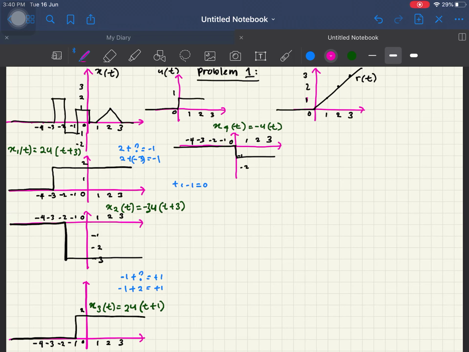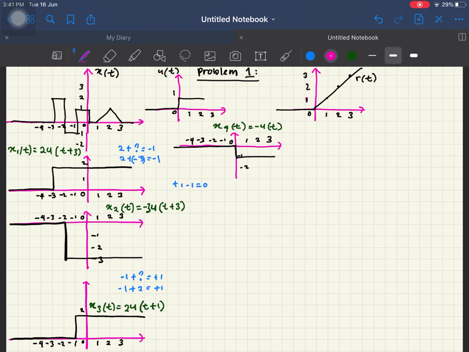Okay, now again there are changes here at t equals 1, where you have a slope of +1 here. You can calculate the slope using the formula m equals y2 minus y1 over x2 minus x1.